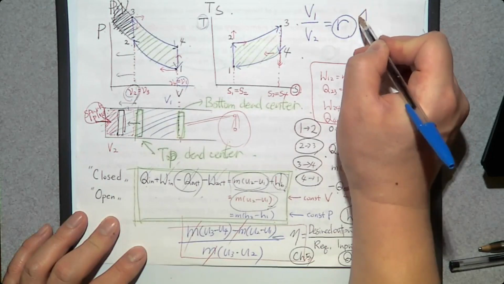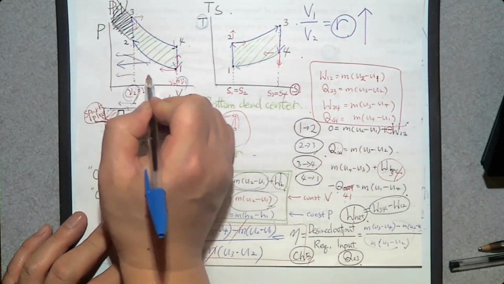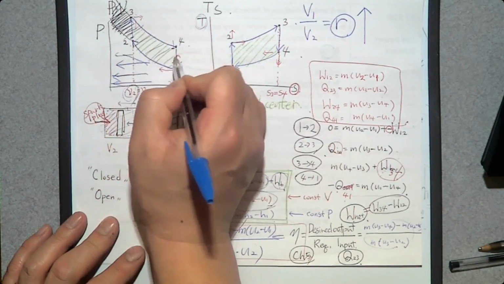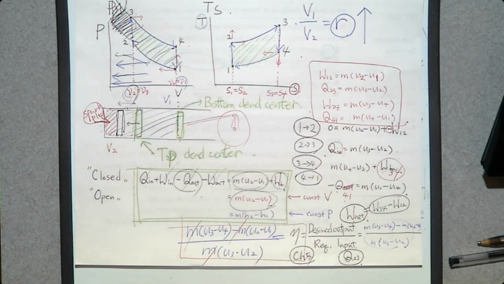So if you increase the compression ratio, you can move this one to the left-hand side so you can increase the enclosed area. So whenever you have an internal combustion engine, increasing the compression ratio is the easiest way to improve efficiency. If you are designing a car's engine, you know that if you increase the compression ratio, you can enhance the miles per gallon, the efficiency.